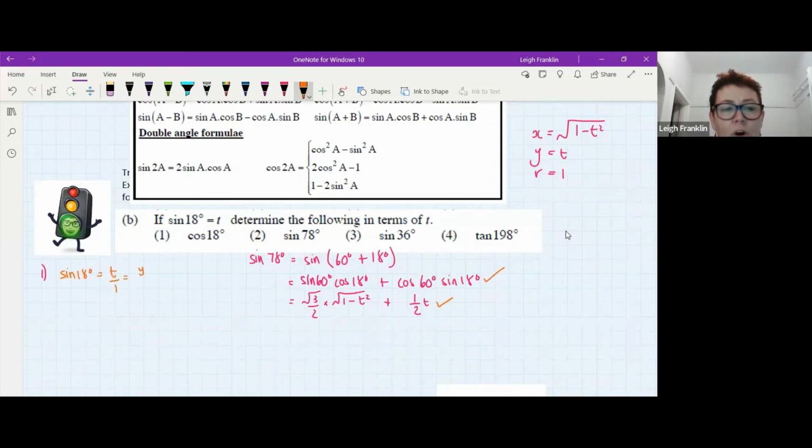So that means you've got y over r. So now you're going to do x squared plus y squared equals r squared. Then you solve for x by taking that over to the other side and taking the square root. That's where the 1 minus t squared comes from. So there would definitely be a mark for using the identity and then forgetting that.